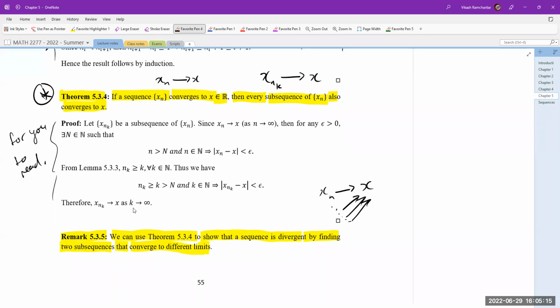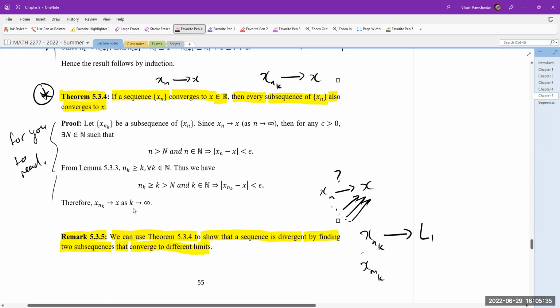So if you could find a subsequence that converges, let's say, to L1, and the next one that converges to L2, and these are not the same, then there's no way xn is convergent to any value.